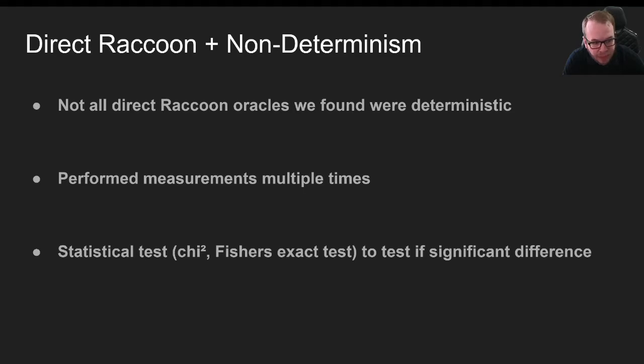So as I already said, we call these oracles direct Raccoon, and not all of these direct Raccoon oracles that we found during our scans were deterministic. So they sometimes responded with this 2 alert, 1 alert maybe, or some other response, but sometimes they did not.